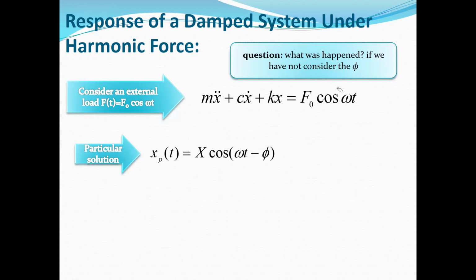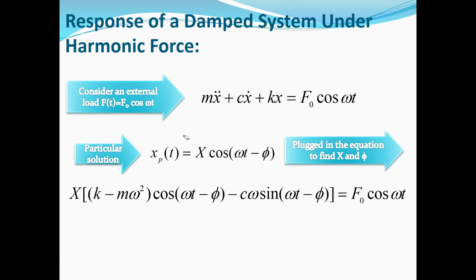You saw that the particular solution was equal to uppercase X cosine omega t, exactly the same as the external force. But here we have this phi, and this phi in fact shows the effect of the damping, or the x dot term in the equation of motion.